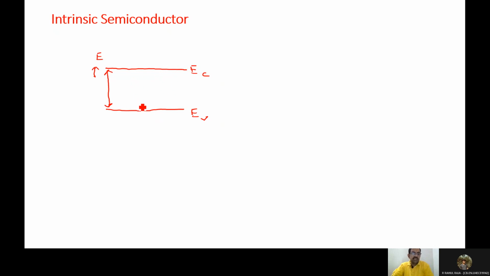Of course, this is the case with the intrinsic semiconductor. However, if you have a defect state or, due to dopant, some states are present, then you can find an electron. We'll come to that.